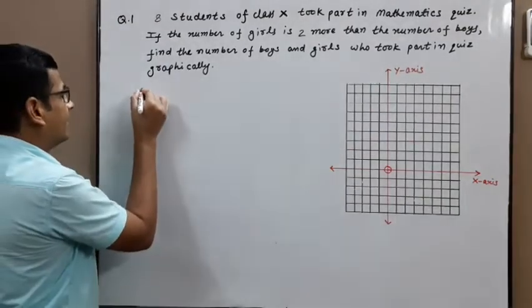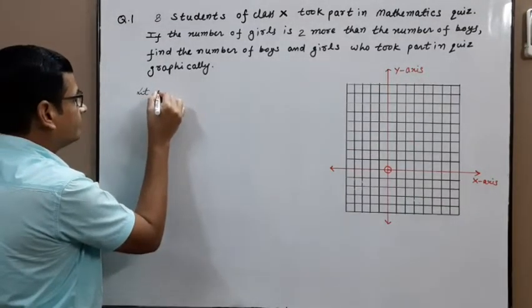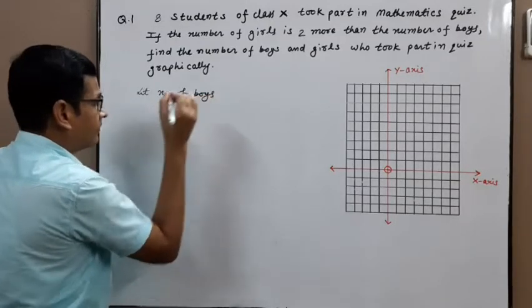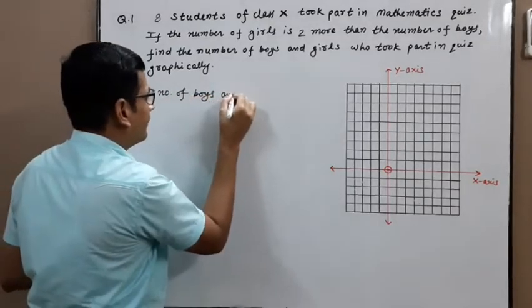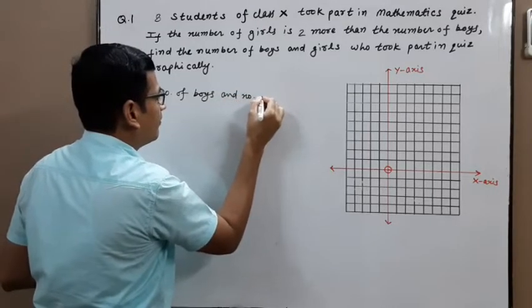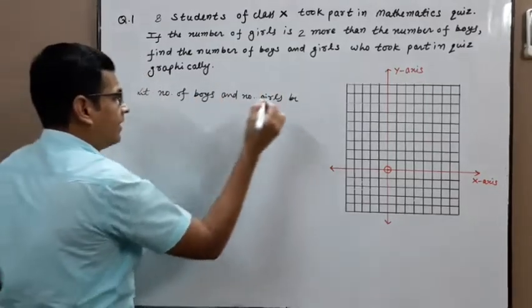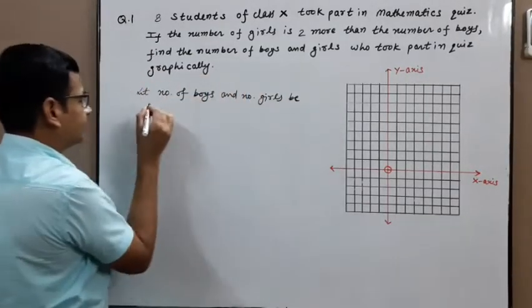So first, let the number of boys and the number of girls be x and y respectively.